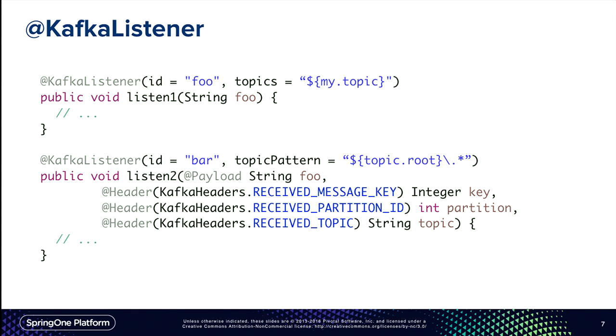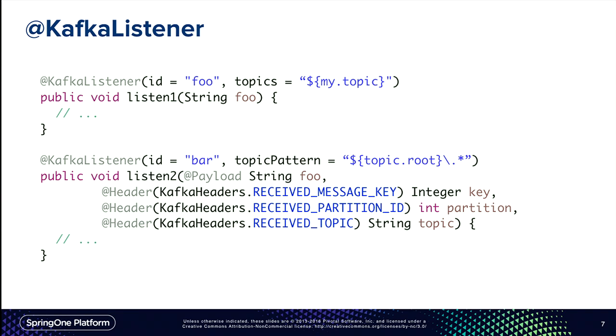Even in our POJO method here, we can retrieve metadata about the message if we need to. So things like what key was provided, which partition this message was received from, and of course the topic if you have multiple topics.